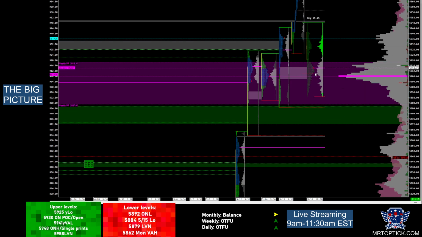Now, if we have sellers and we are able to take the overnight low, then the target is of course Thursday's low, which is down here, 58.85ish, and then from there, this is the area that I mentioned Sunday night, that's the major support area. It's where we had the spike here.